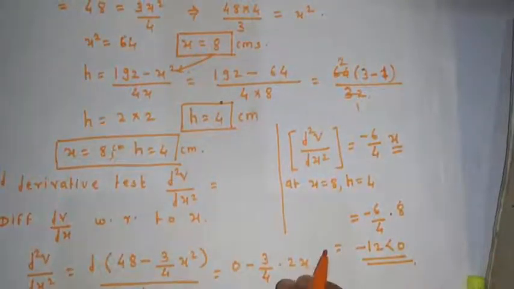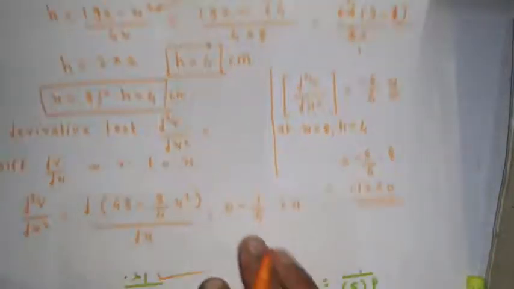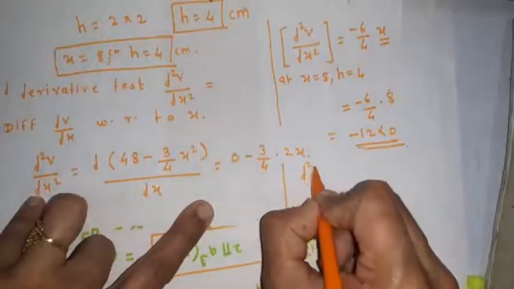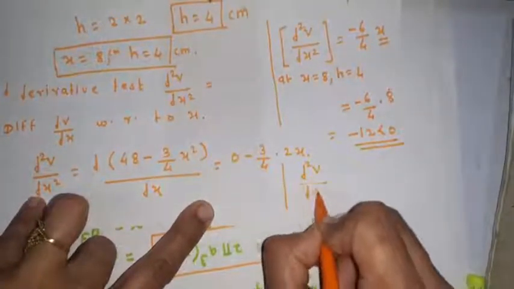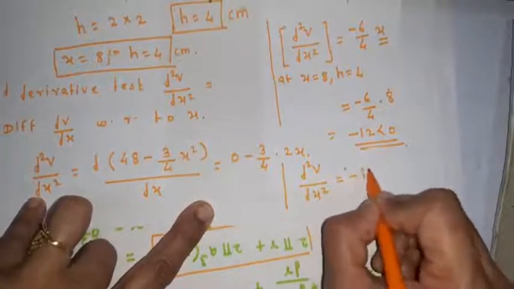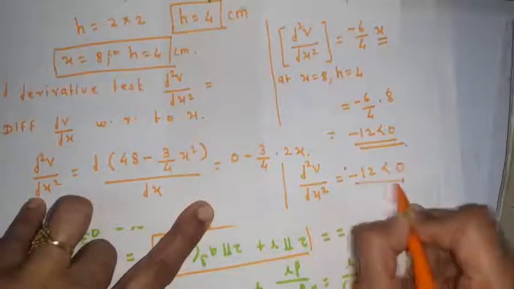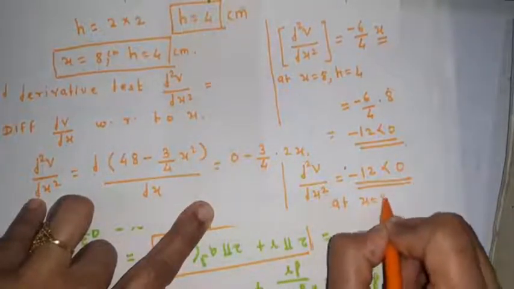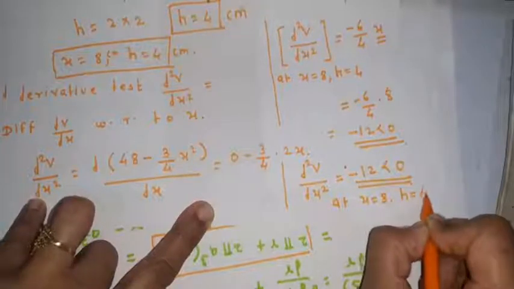Hence d2 square v by dx square is equal to minus 12, which is negative at x equal to 8 and h equal to 4.